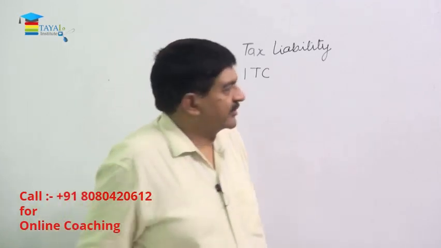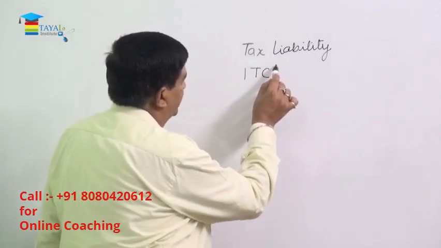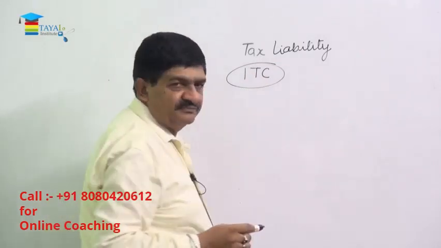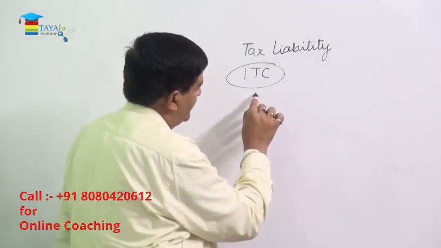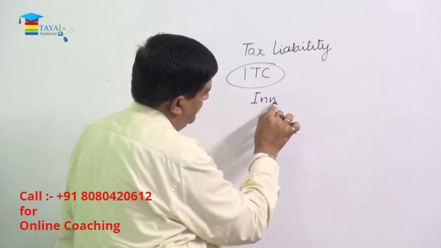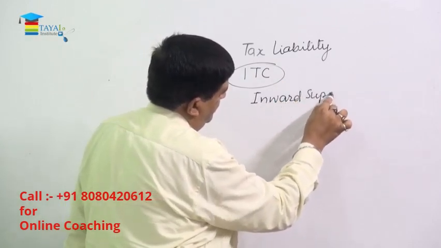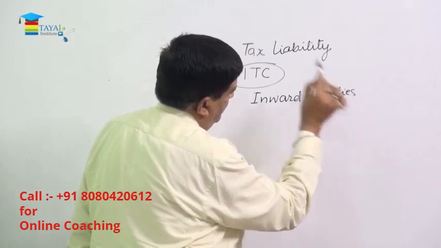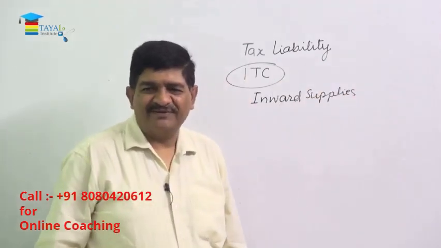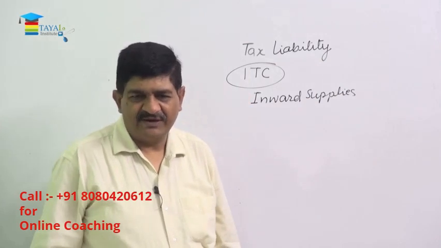Right? So for claiming the ITC, what is required? Inward supplies. Right?